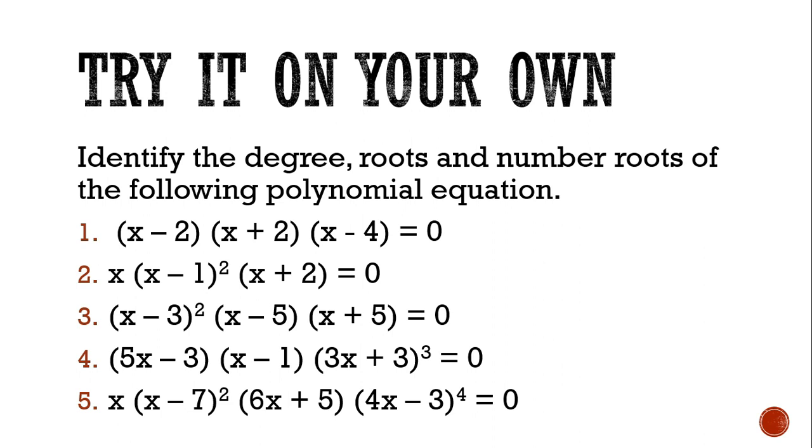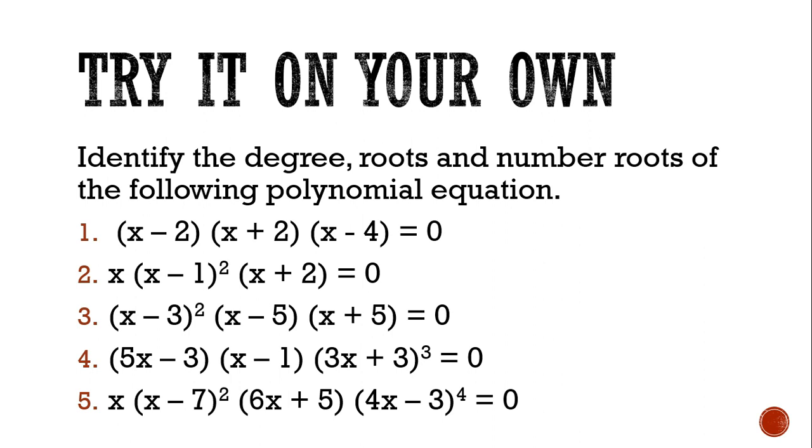To help you assess yourself whether you learned something from this video, let's try answering this activity. Identify the degree, roots, and the number of roots of the following polynomial equations. The given is already expressed in factored form. Number 1, x minus 2 multiplied by x plus 2 multiplied by x minus 4 is equal to 0.